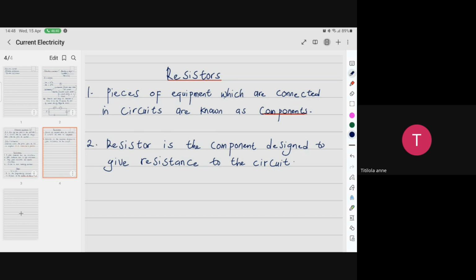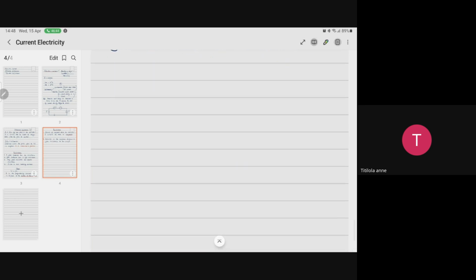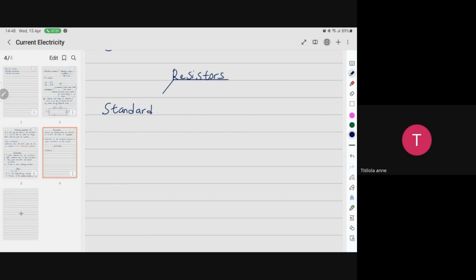And I mentioned there are two kinds of resistors. We'll have the standard resistor, and then we'll have the rheostat, which is a variable resistor.